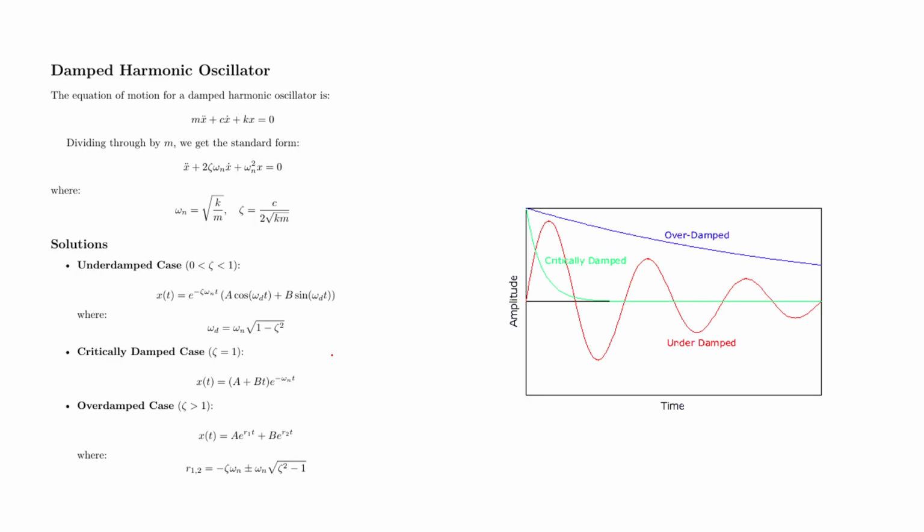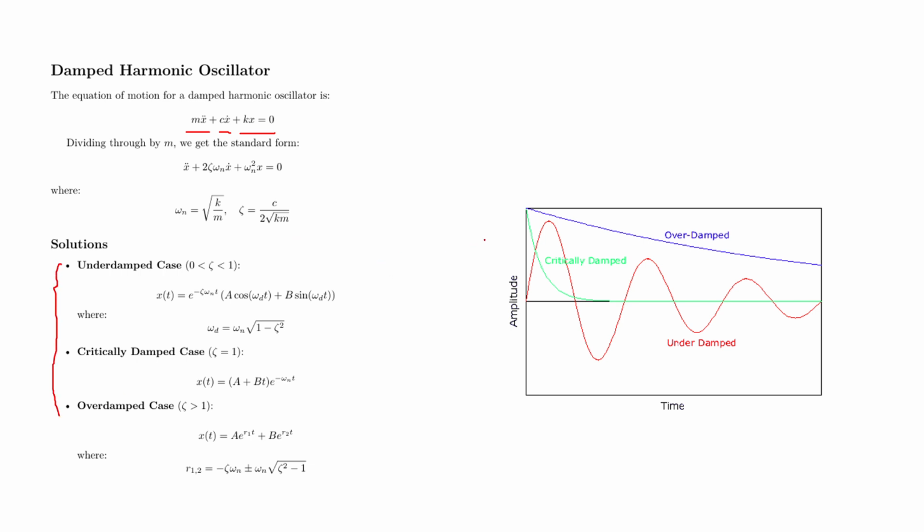The standard equation is mx double dot plus c x dot plus kx equals 0, a very well known equation. When we solve this, you can pause this video and see the solution. We get various cases: underdamped, critically damped or overdamped, depending upon the value of c.